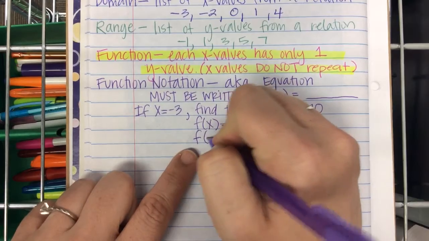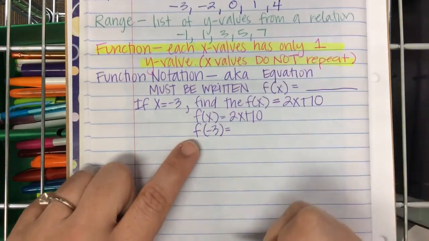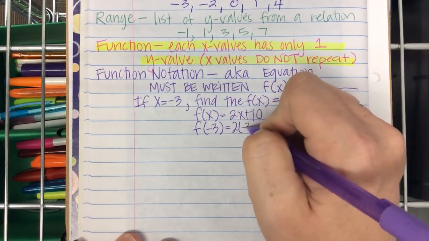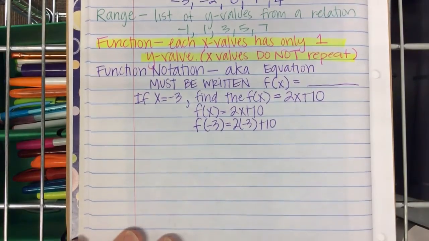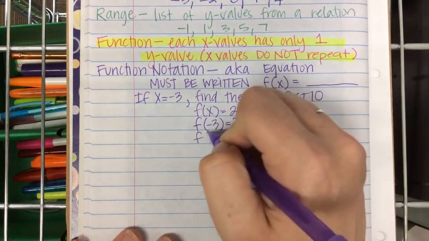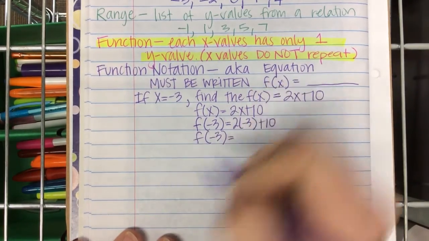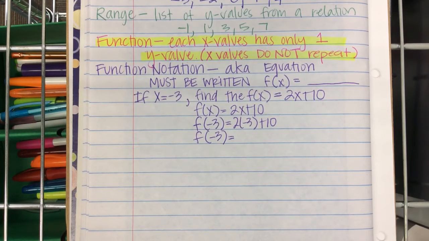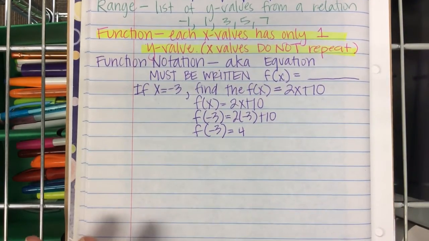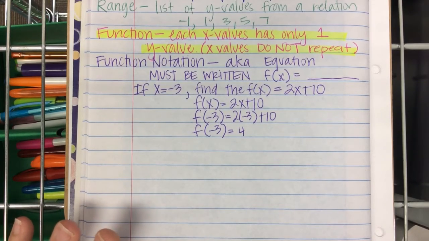The function of -3, 2 times -3 plus 10. What's 2 times -3? -6. Plus 10. 4. The function of -3 is 4.